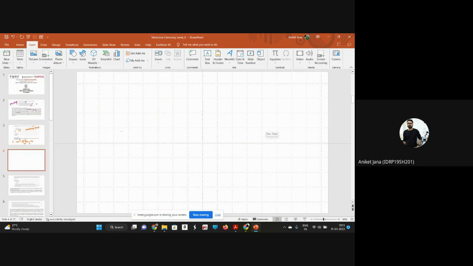Okay, so as we say, suppose this is the amino acid, this is solid supported, resin bound. Okay, so suppose in the side chain there is an NH2, and there is also a free NH2.